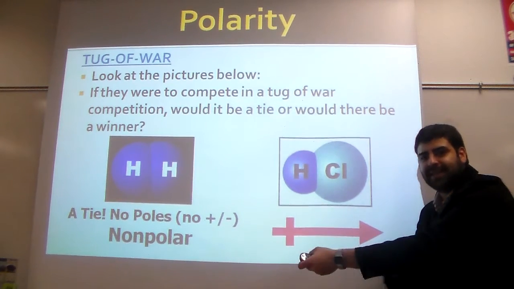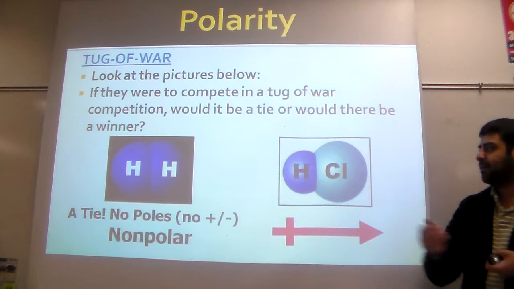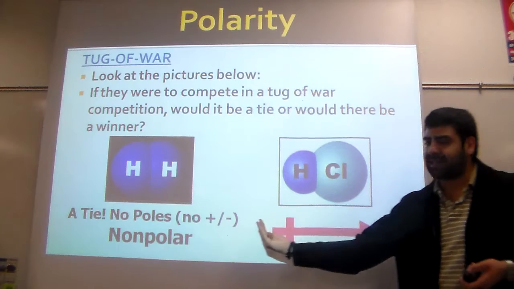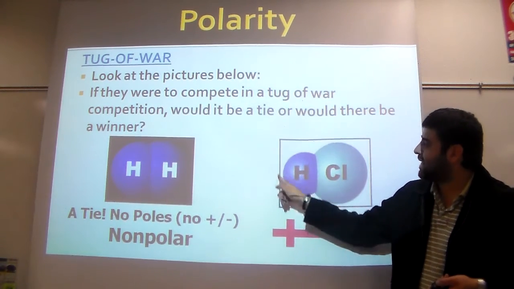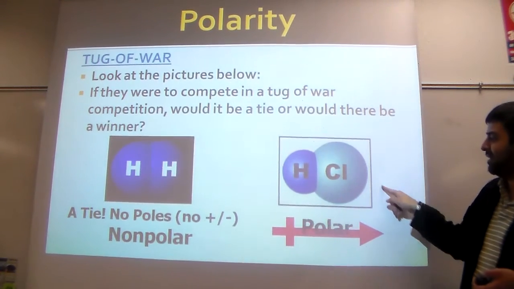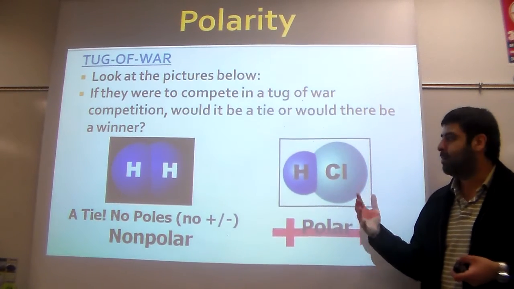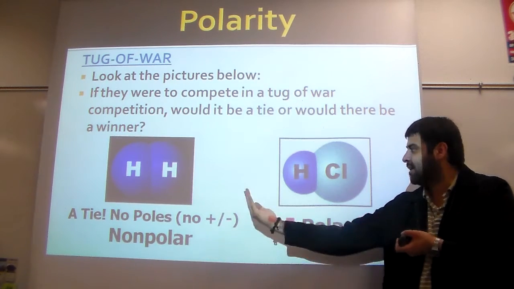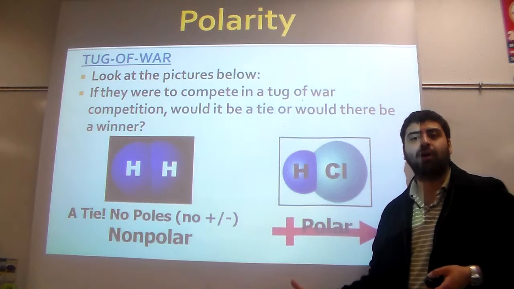Think of that tug of war competition. This is the team that's going to be winning and pulling the rope towards it. Poor little hydrogen doesn't have a chance against chlorine. So you're going to see the charge moves this way, creating one end that's slightly positive and one end that's slightly negative. And those are the north and south poles that we refer to. Because there is pull, there's not an equal sharing, one team is losing, this pull we call a polar bond.